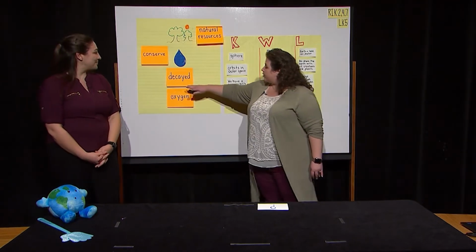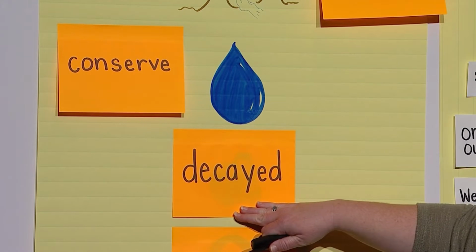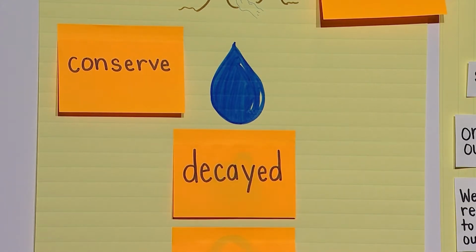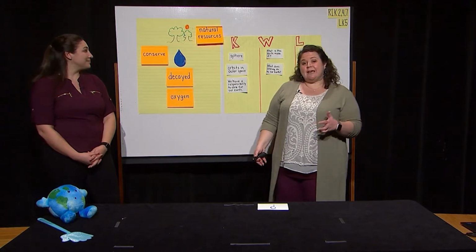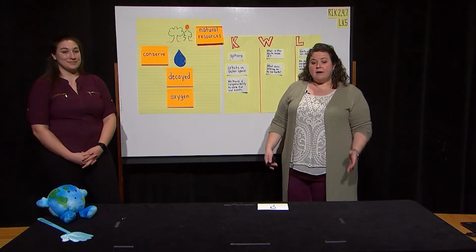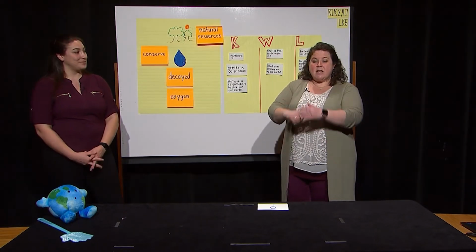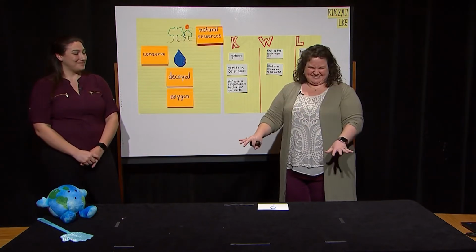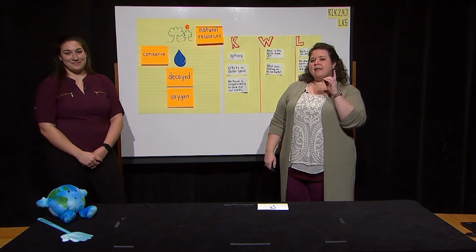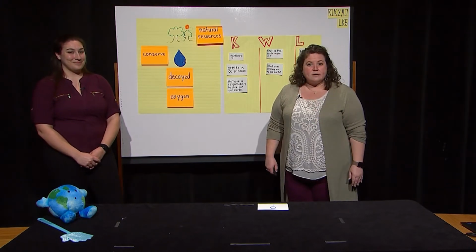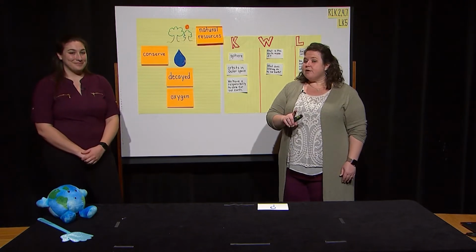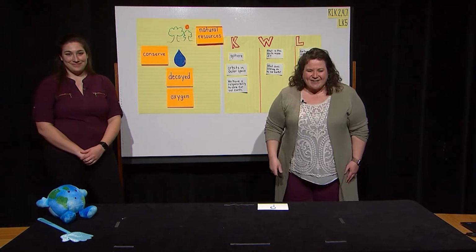Now, this word says decayed. Decayed means rotten or decomposed. Let's do a motion to help us remember the meaning of the word decayed. Right? Now, that's our word that means rotten or decomposed. Decayed. What's our word? I heard it.